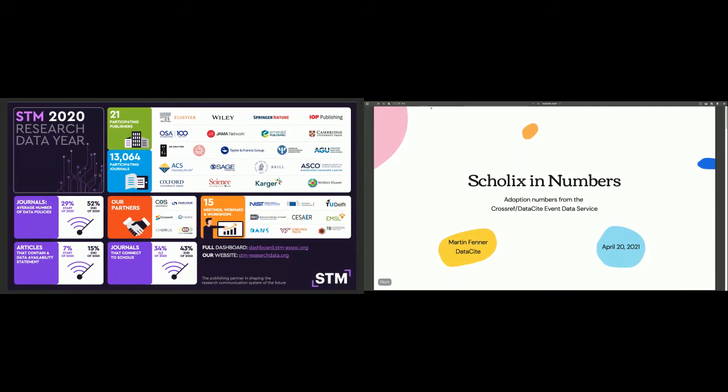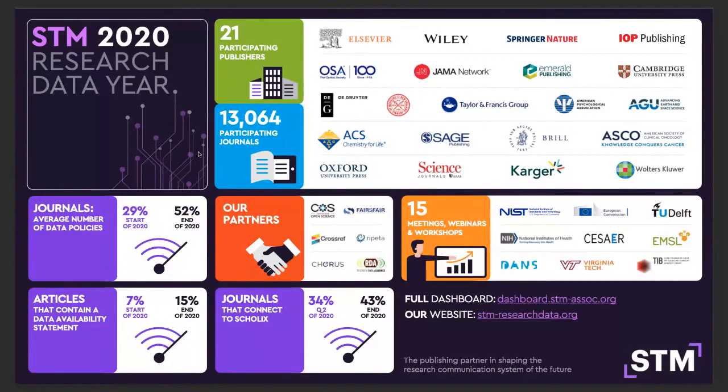So the focus of last year was on share, link, and sites. Share is really focused around allowing journals to let their authors share data, which primarily means adopting journal data sharing policies.